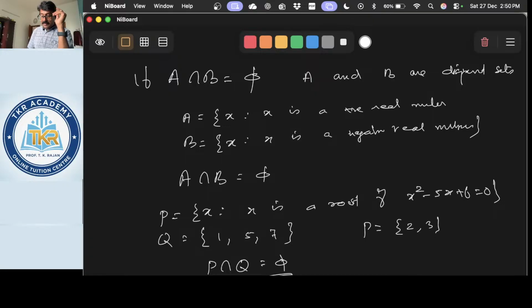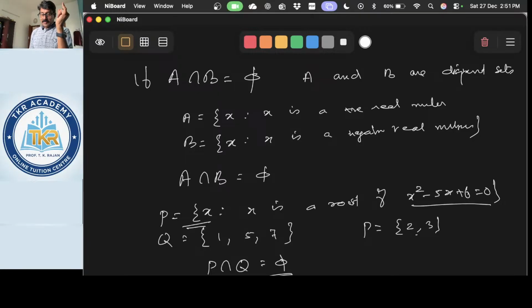When we write this P in tabular form, you get P equal to {2, 3}, because 2 and 3 are the only roots of x squared minus 5x plus 6 equals 0. So P intersection Q is the empty set. You can cite many examples for empty intersection or disjoint sets.